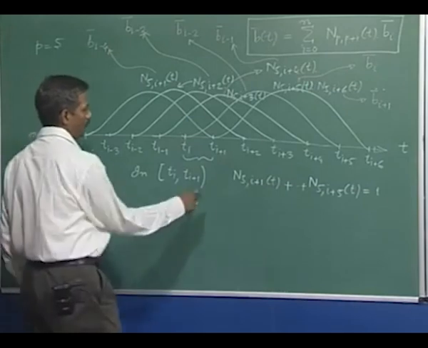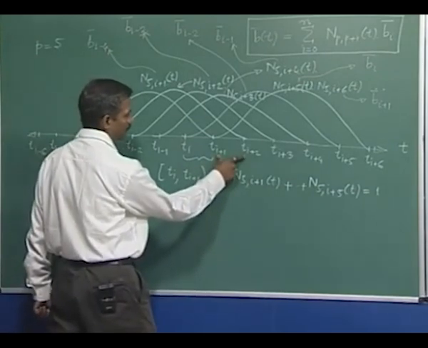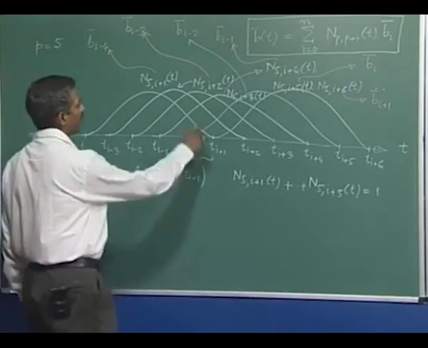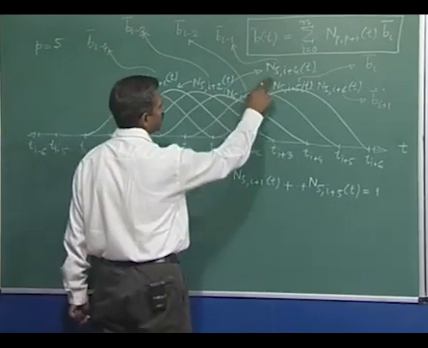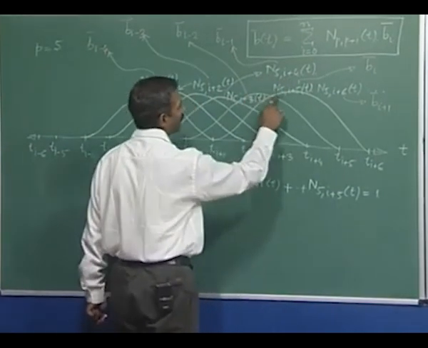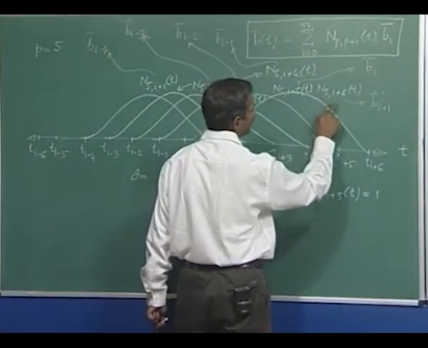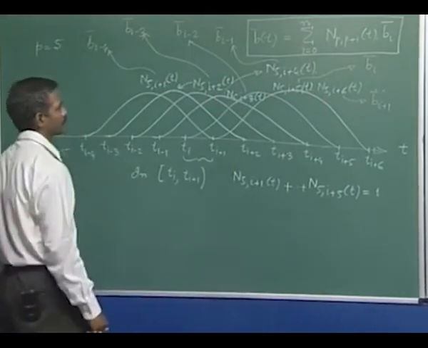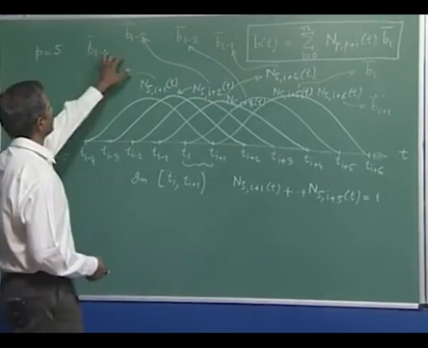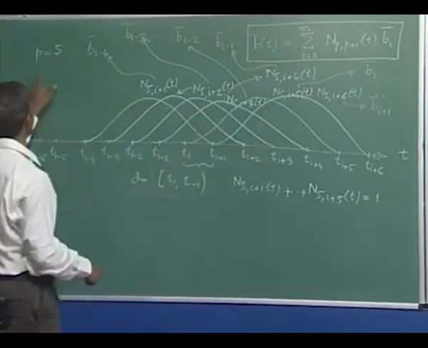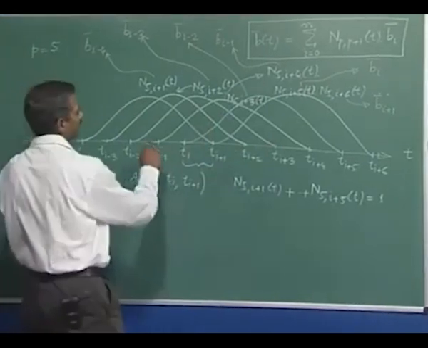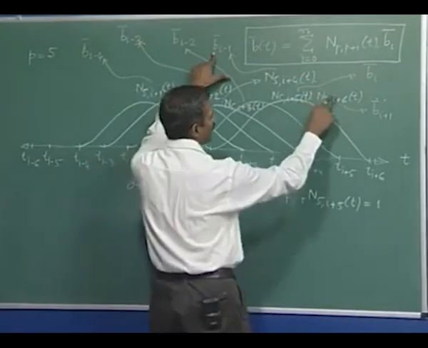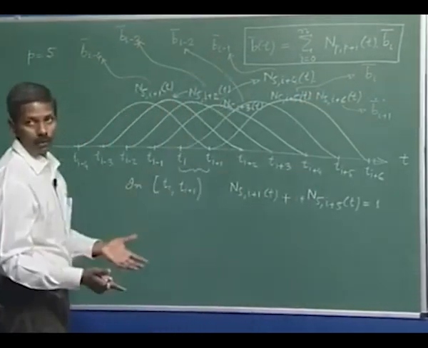The story for the interval ti plus 1, ti plus 2 is identical. Here, we'll have N 5 i plus 2, N 5 i plus 3, N 5 i plus 4, N 5 i plus 5, and N 5 i plus 6 non-zero, and they would sum to 1. Because of which, the subsequent set of 5 points, p equals 5, which are b i minus 3, b i minus 2, b i minus 1, b i and b i plus 1, will form a local convex hull.